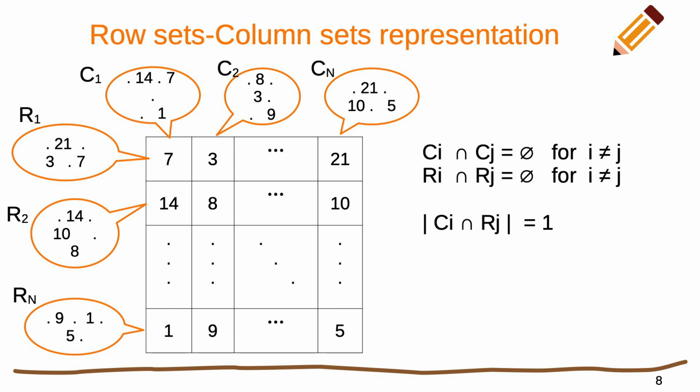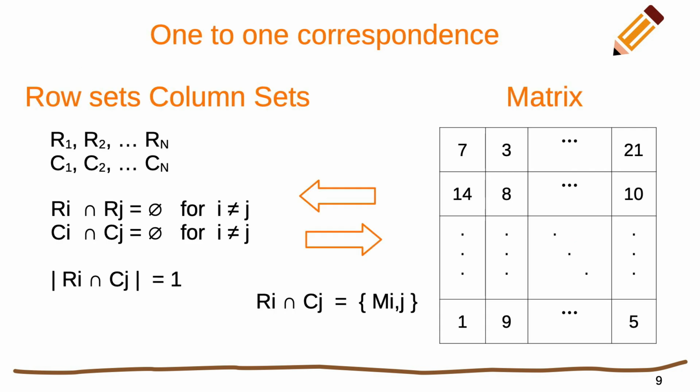The structure of a square imposes an important constraint. Each row set has exactly one element in common with each column set. Given such row sets and column sets, we uniquely define a distinct number square. From the matrix representation, we can straightforwardly derive the row sets and column sets with no ambiguity.